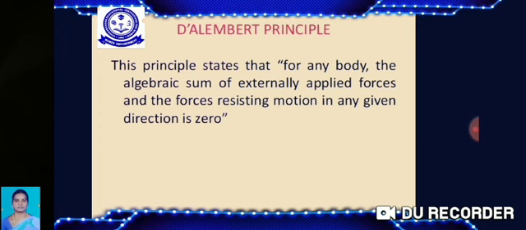Now, we will see about D'Alembert's principle. This principle states that for any body, the algebraic sum of externally applied forces and the forces resisting motion in any given direction is 0.